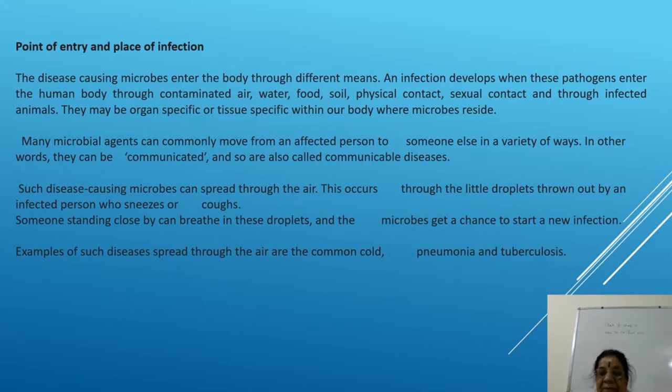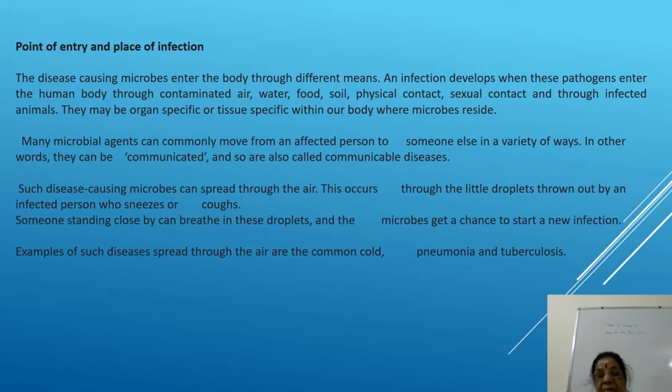First it bites the person and that pathogen enters the bloodstream and then reaches the liver. I hope you are following. When it reaches the liver, the plasmodium starts multiplying, causing malaria.